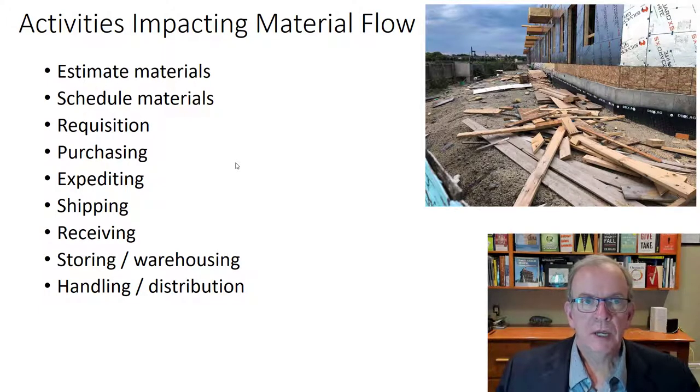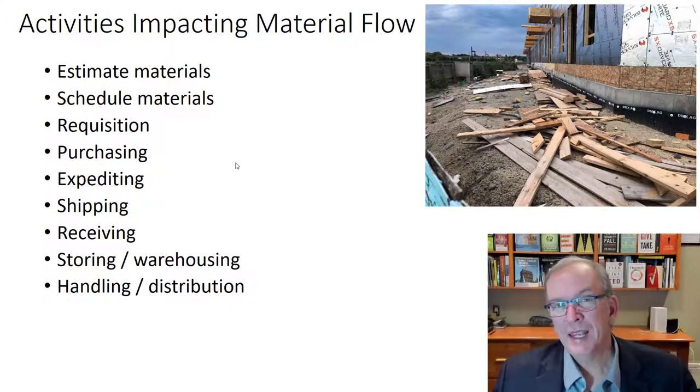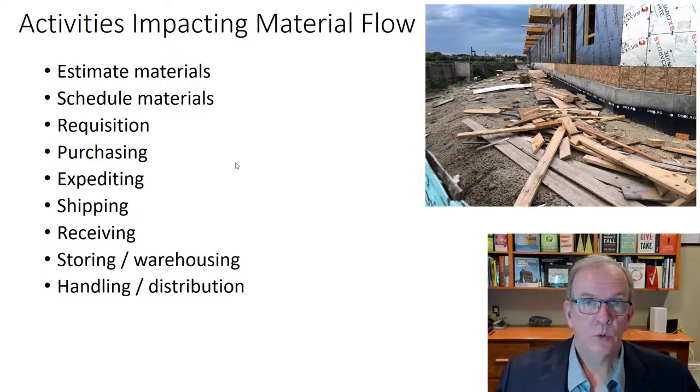So when we think about some of the activities that impact material flow, well, the estimate: did we do it well? Are we short of some materials? Did we get way too many materials? Either way, you're going to have waste of trips back and forth, waste of delivery orders if you have extra deliveries than necessary. The scheduling, trying to make sure that materials are there when you need them, that's a big waste too.